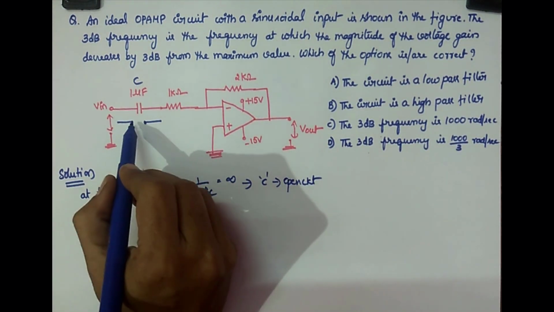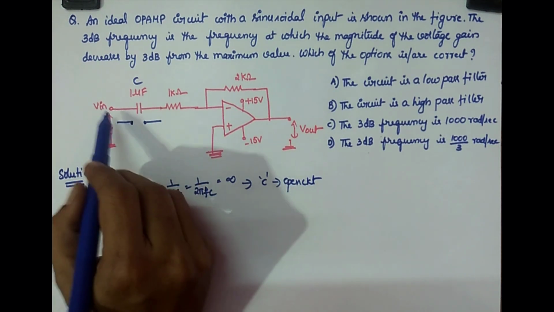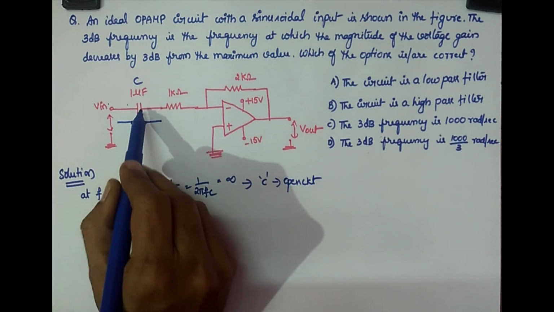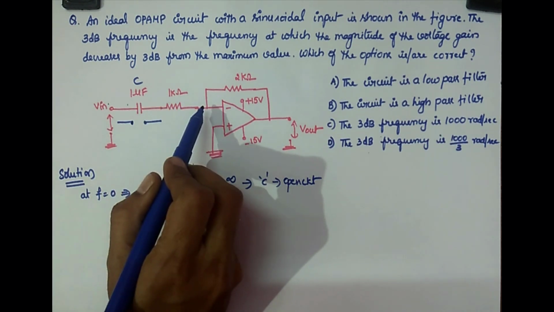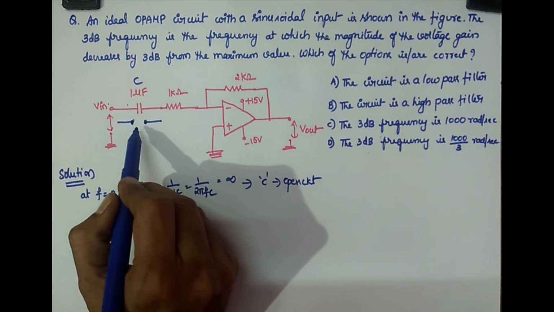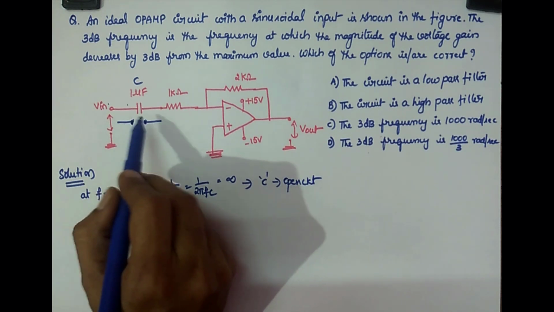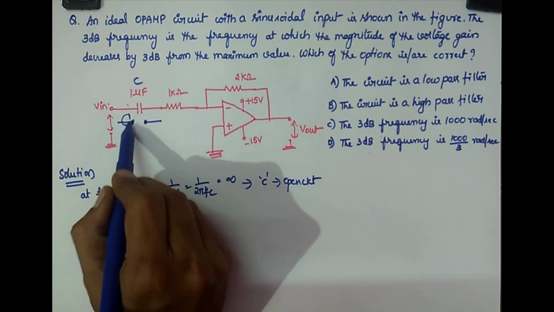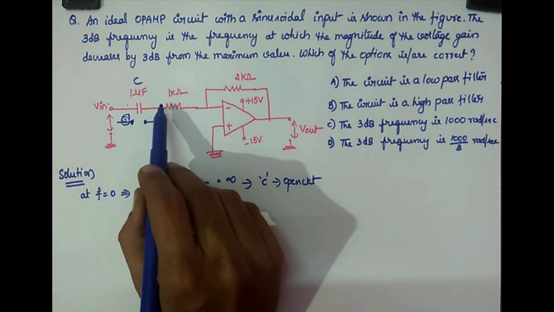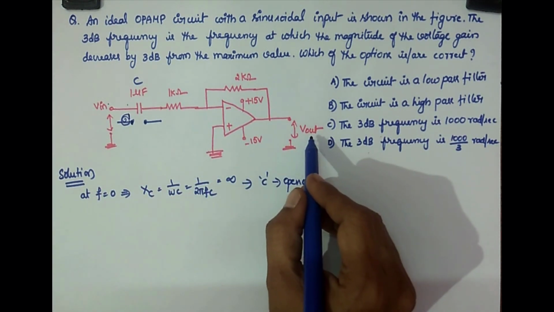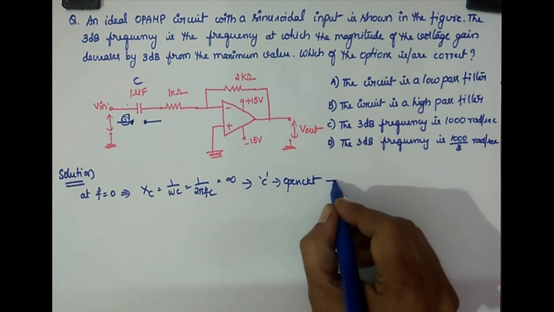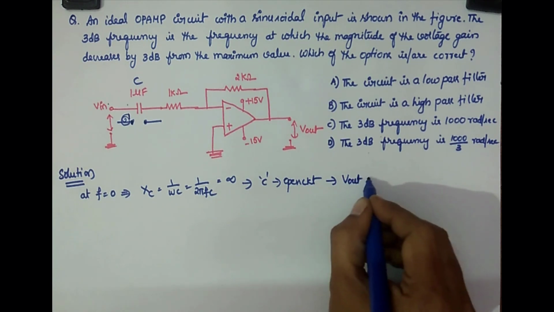When it is open circuit, the input voltage Vin given here won't go into the circuit because it is open. We know there is no conduction through an open circuit, so the signal will stop here only. So what about the output? When the capacitor is open circuit, the output is 0.